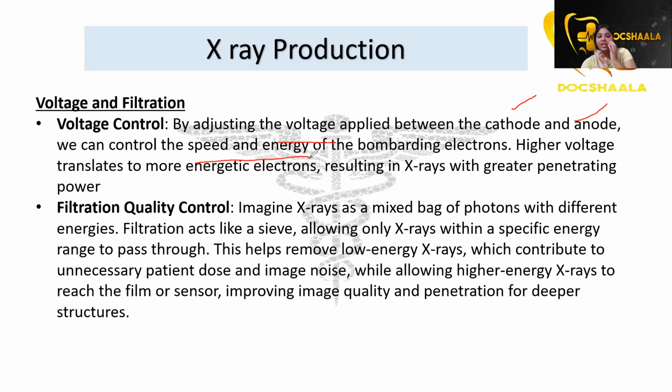The filtration acts like a sieve, so only X-rays with specific energy are passed through it. This helps remove the low energy X-rays which contribute to unnecessary patient dose and image noise. So this specific filtration is used. You have to keep this in mind.